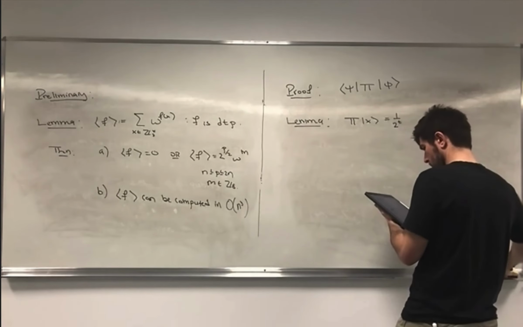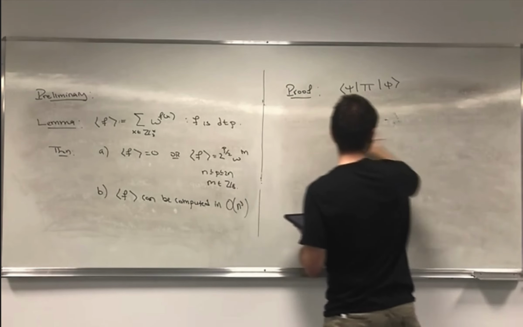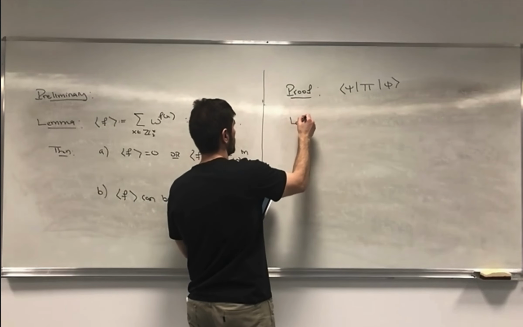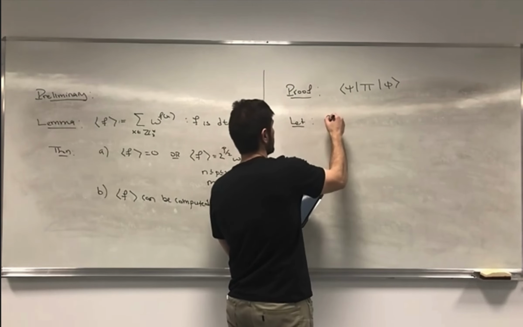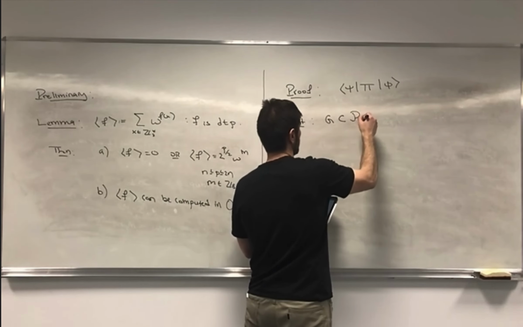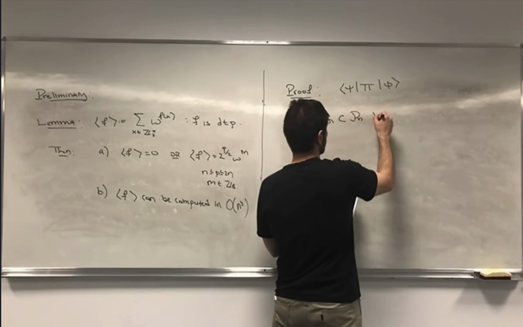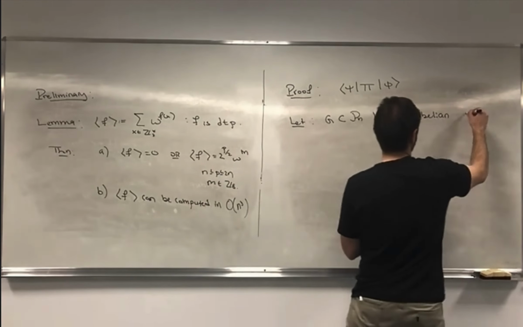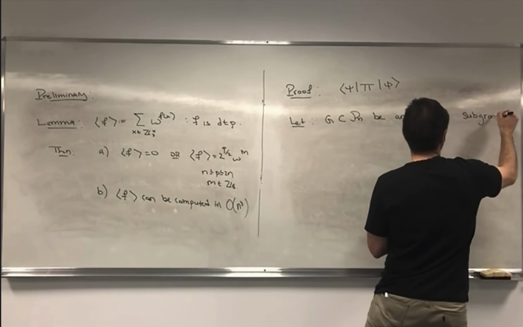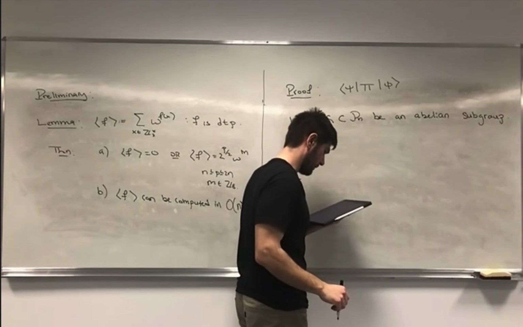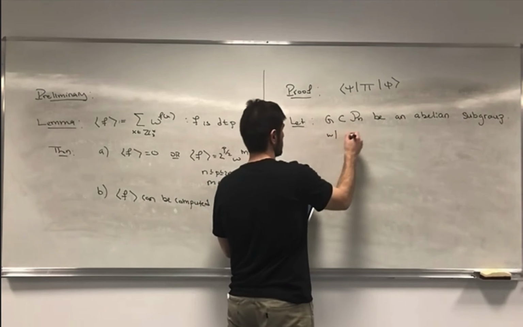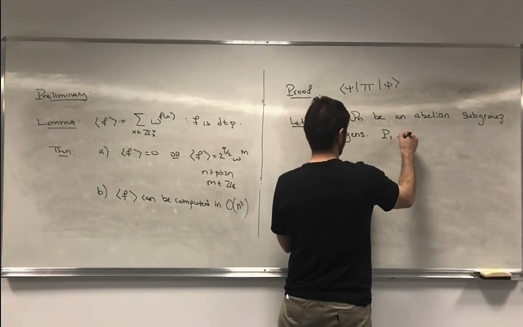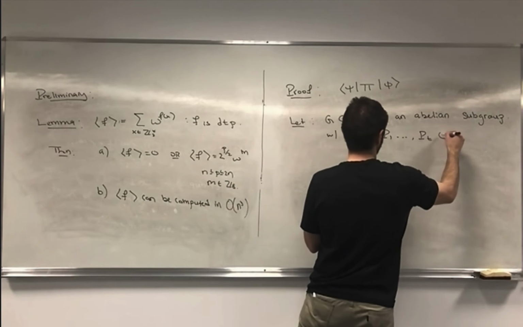In fact, before stating this, I should make this a little bit more clear, because I should have mentioned this: let G be an abelian subgroup of the Hermitian Paulis with generators P1 to PT.